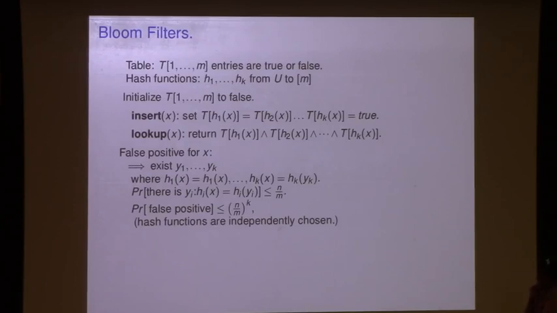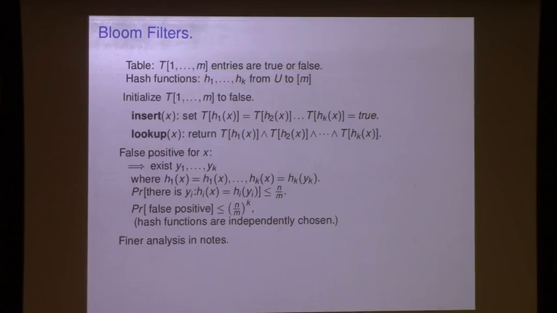And the reason you get to raise the failure probability, n over m, to the k, is that the hash functions are chosen independently. h1 is chosen independently from h2, which is chosen independently from h3. Again, it's the hash function that's chosen independently, not the keys.